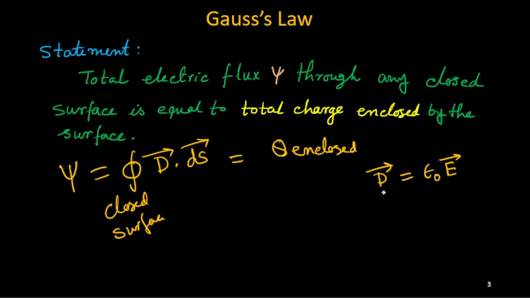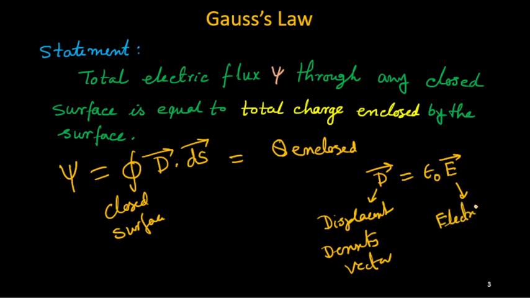Here D is called displacement density vector, whereas E is called electric field. And this displacement density vector is media independent. That is an important thing.